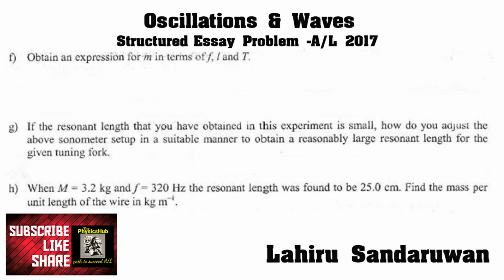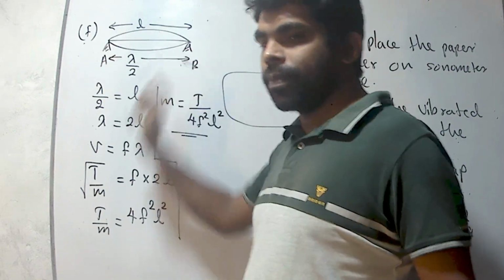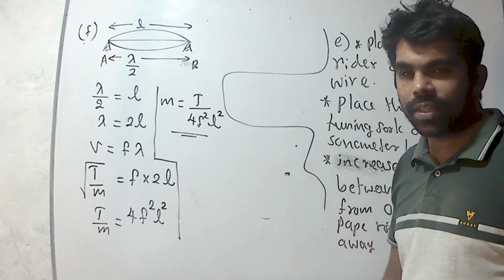Then part G: if the resonant length that you have obtained in this experiment is small, how do you adjust the above sonometer setup in a suitable manner to obtain a reasonably large resonance length for the given tuning fork? We know that the measurement is this length. When the measurement is a small value, there is a high percentage error.